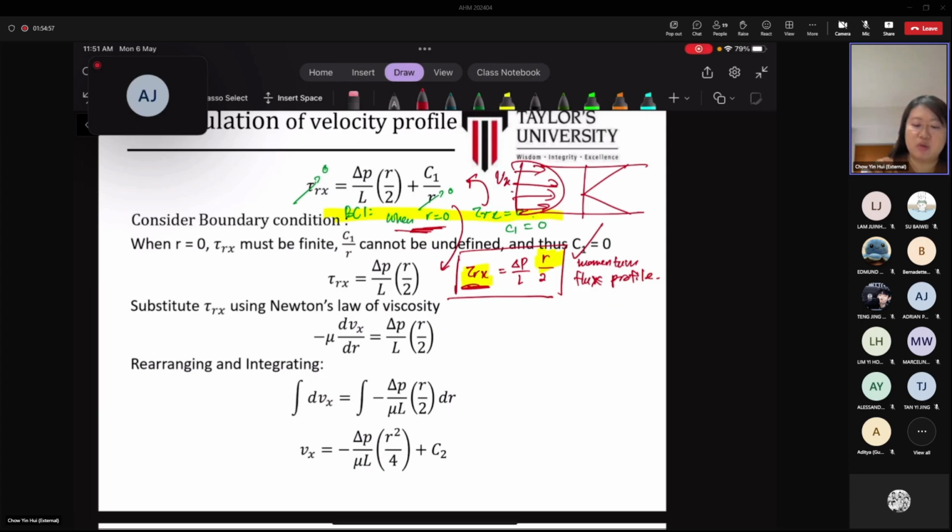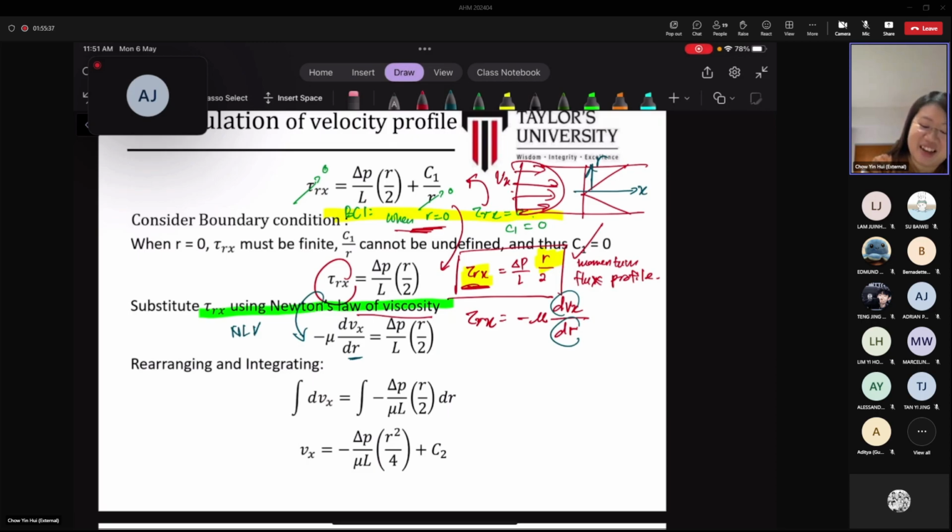So for tau Rx, that's the reason why in the assumption just now, if we deal with water, glycerol or vegetable oil, we apply the Newton law of viscosity, knowing that tau Rx equals negative mu times dVx dr, because if you recall, this is the x direction and this is the radial direction. So substituting the Newton law of viscosity, we can proceed to solve this further.